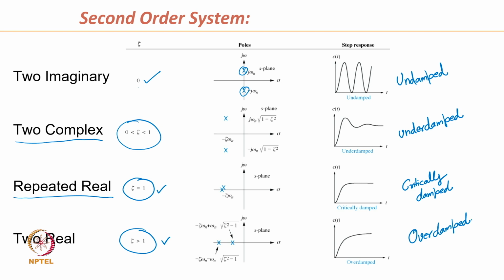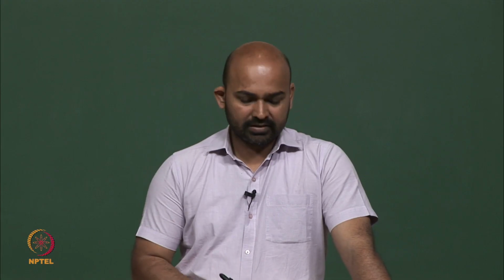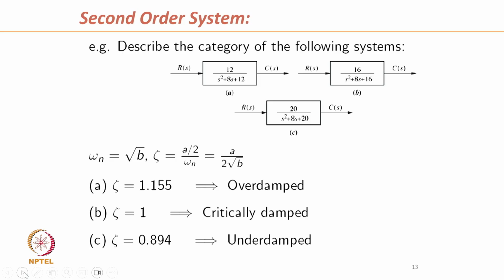So, we can characterize the system using the value of zeta instead of finding the roots of this characteristic equation. Here are some examples which we can consider.